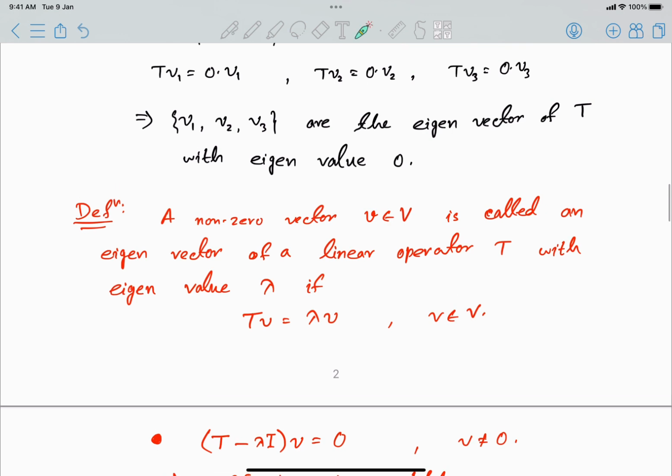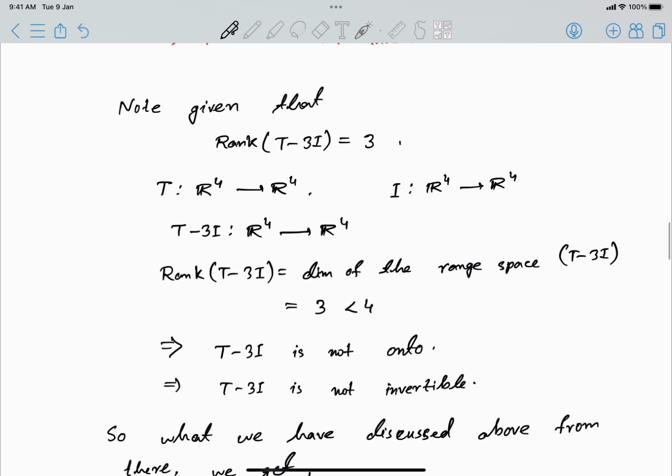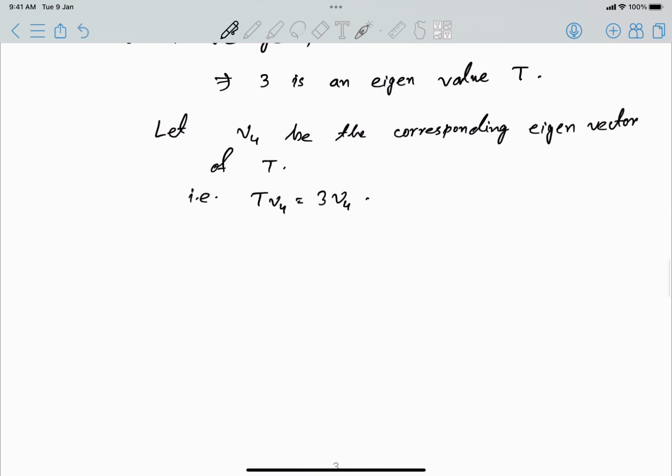Corresponding to 0 we get V1, V2, V3, these 3 eigenvectors, and corresponding to 3 we get this eigenvector V4, right? Because 3 is an eigenvalue, so it has an eigenvector, we have called it V4.